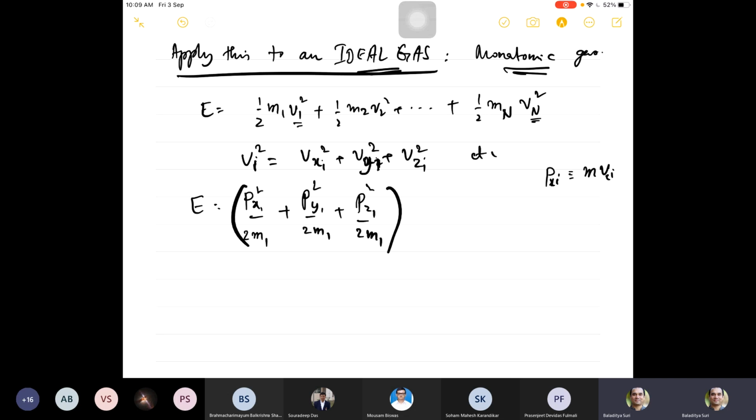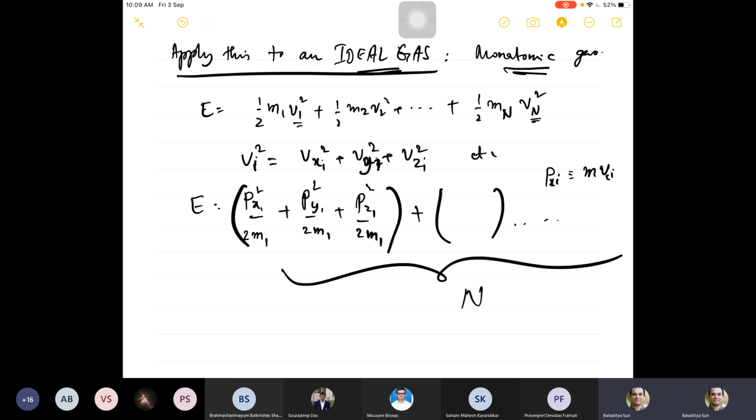All these three correspond to the kinetic energy of the first particle, plus like that, and there are n such terms in this summation, one for each particle. Therefore, 3n terms in the summation.